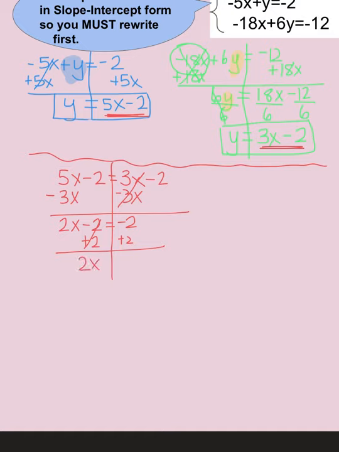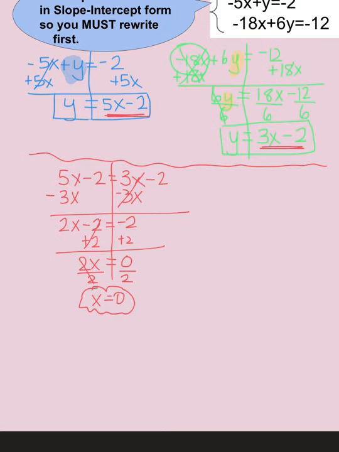That leaves me with 2x equals 0. Continuing on, it's okay that you have a 0 there. 0 divided by 2, x will equal 0. So now I have an x value of 0. As the steps say earlier in the notes, take that x value with one of the equations.